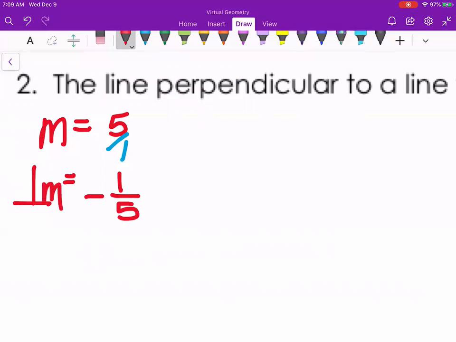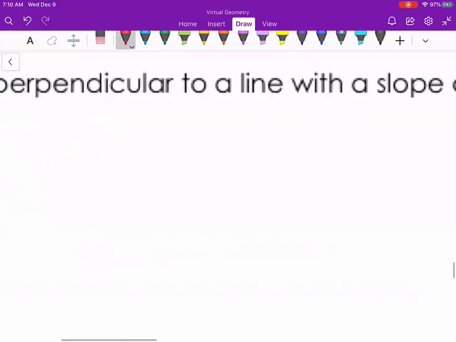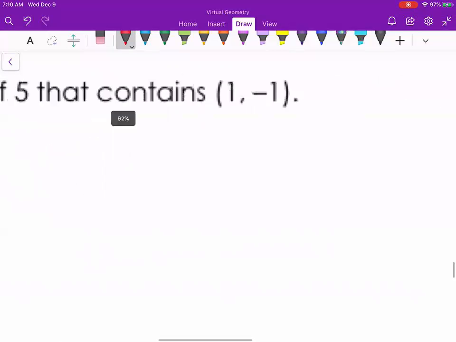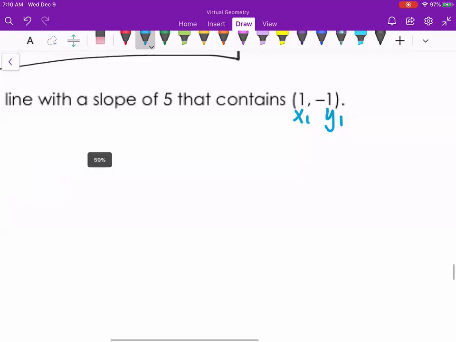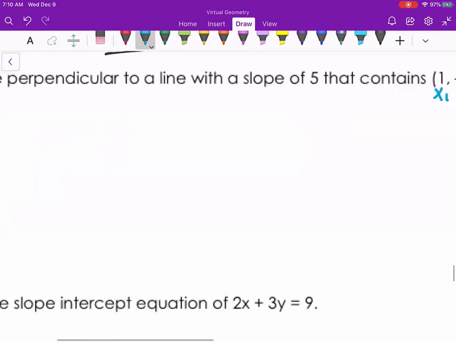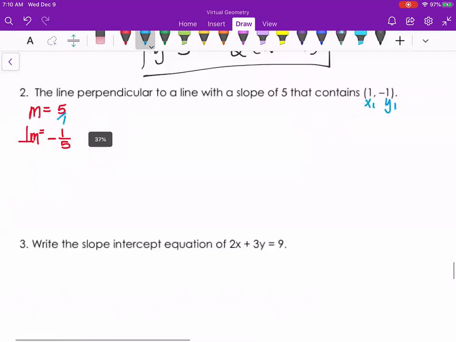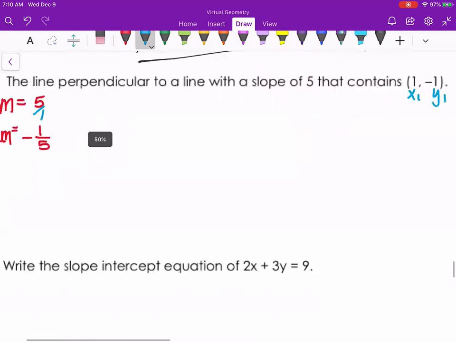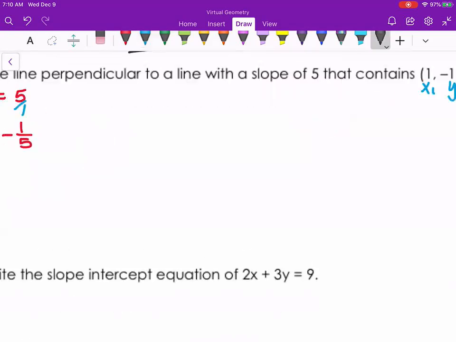So I'm going to use that in my equation. Now we have the point (1, -1), so there's my x1 and y1. And we're going to plug it into the equation just like we did for the last one. So y minus y1 equals m times x minus x1.